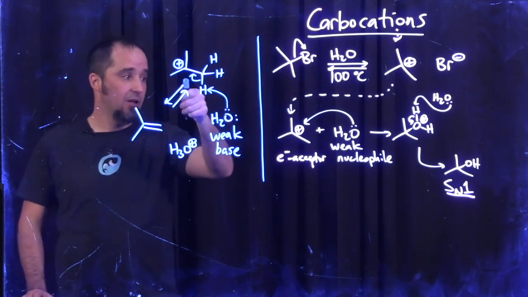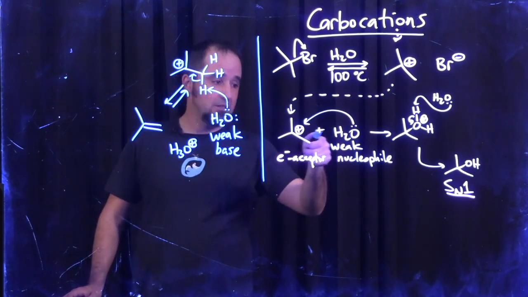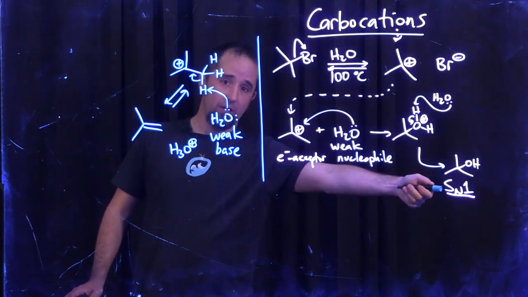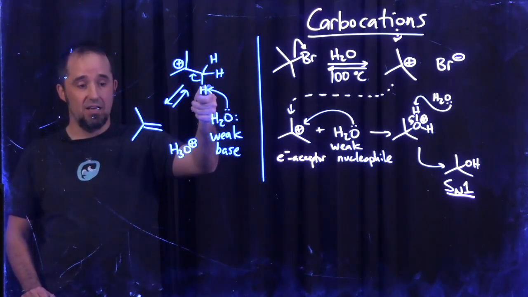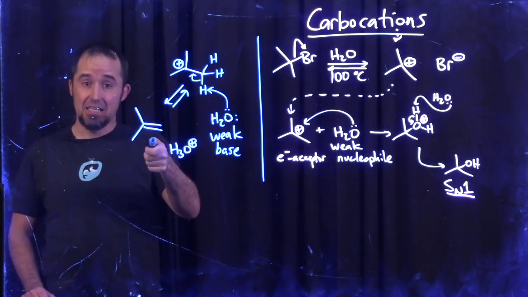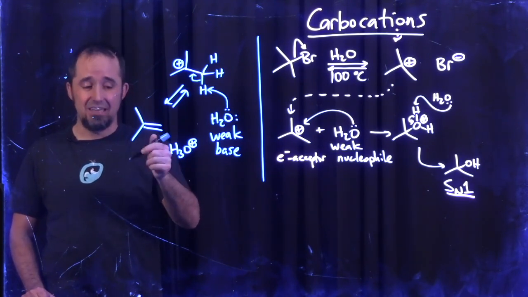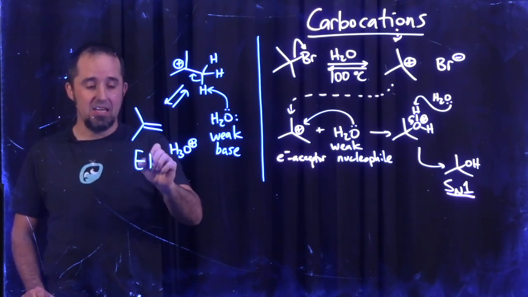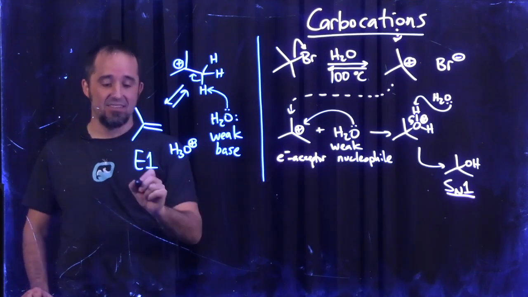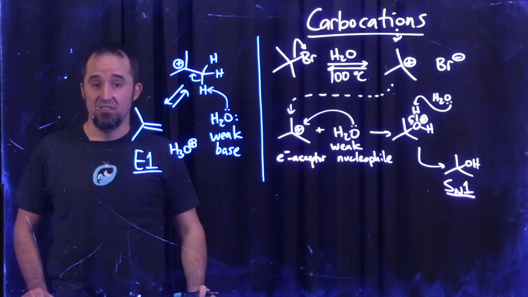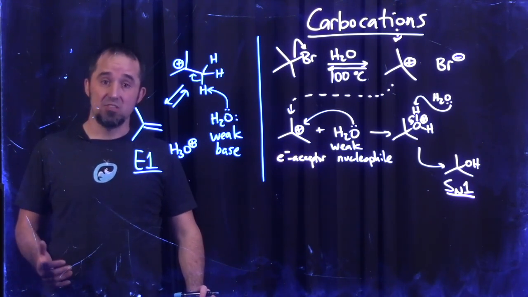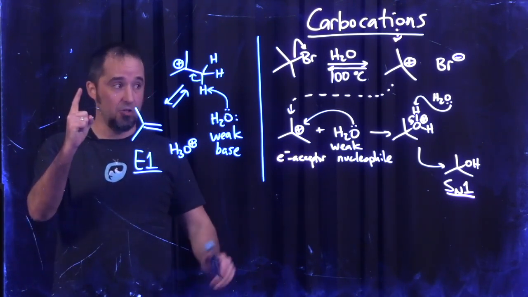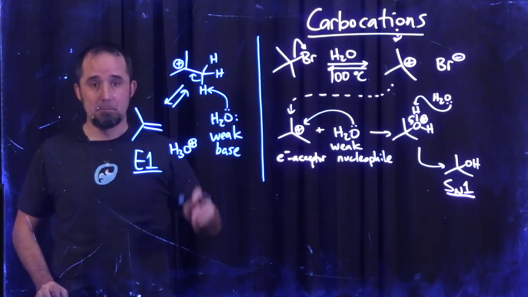Carbocation will either react to make a new bond and do an SN1 reaction, or will give away a proton to get to this elimination product, this alkene. We're going to call that E1, just like SN1, because it's unimolecular. The 1 means that the slow step involves one molecule, tert-butyl bromide.